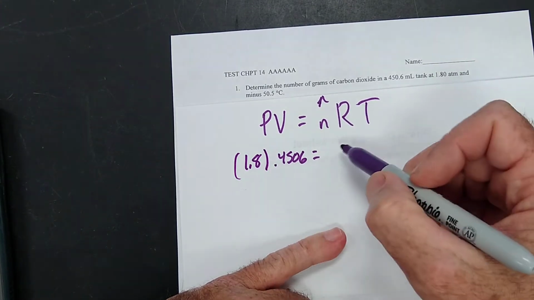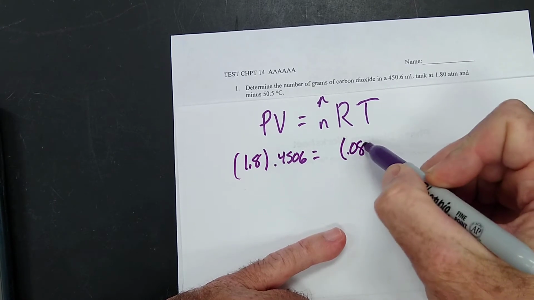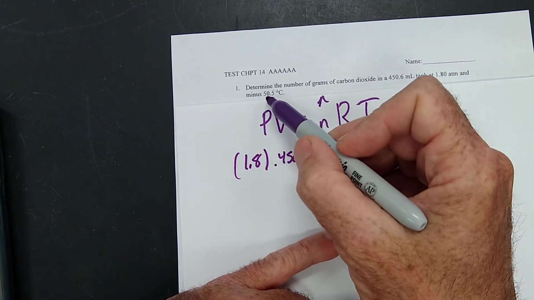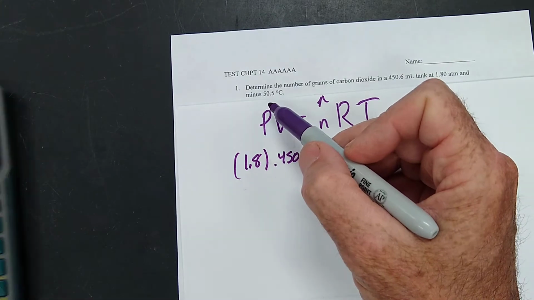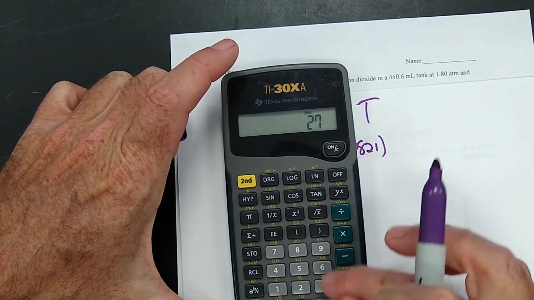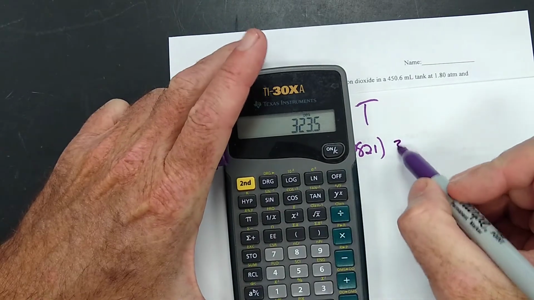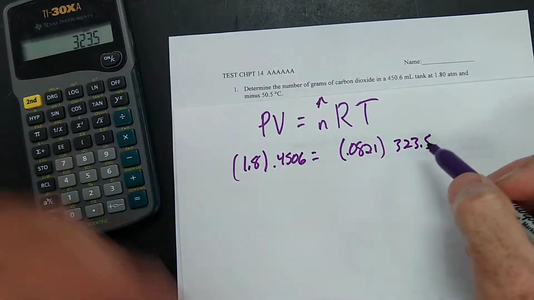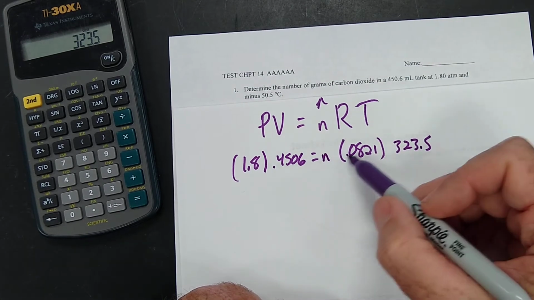Since we're using atmospheres, our R has to be 0.0821. And it says the temperature is 50.5 Celsius, so we're just going to say 50.5 plus 273. 323.5 is our temperature, and we're going to solve for n first, okay?